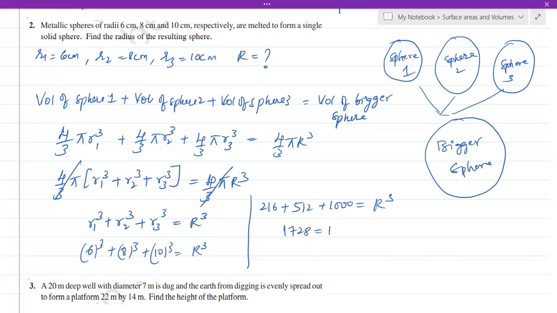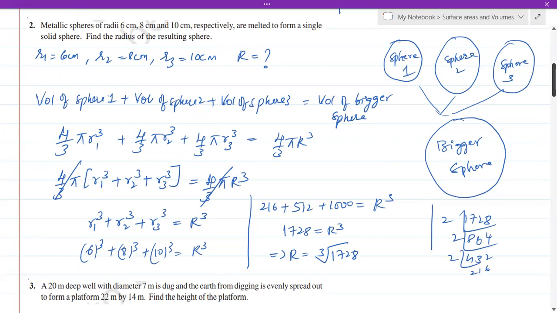So 1728 is equal to R cube, which implies R is equal to cube root of 1728. How do we find cube root? By prime factorization method itself.